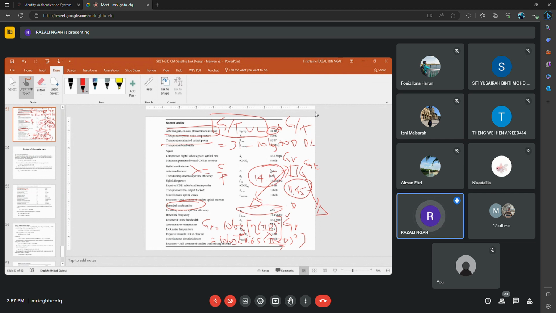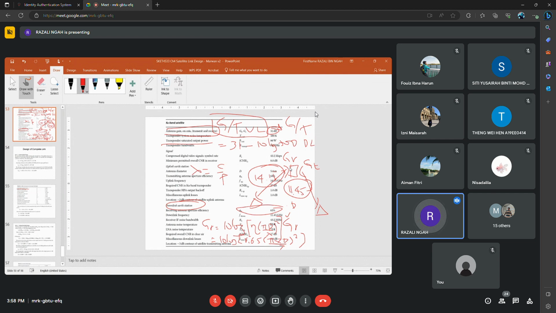So even with the same diameter, due to different efficiency and different frequency, which is a different lambda, it will give a different gain for the uplink antenna and downlink antenna. That contributes to different CNR for uplink and downlink.